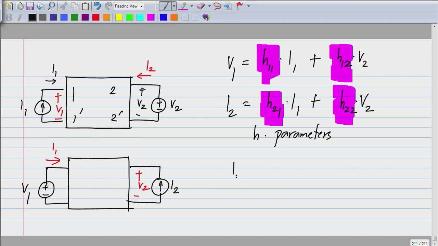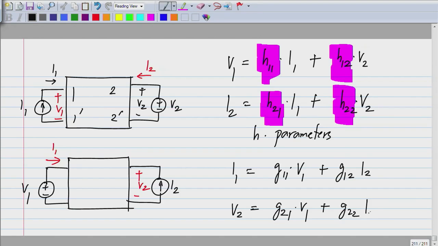So I1 will be some number G11 times V1 and V2 will be some number G21 times V1. And when V1 is 0, I1 and V2 will be proportional to I2. So we will have G12 I2 and G22 I2. And these are known as G parameters.